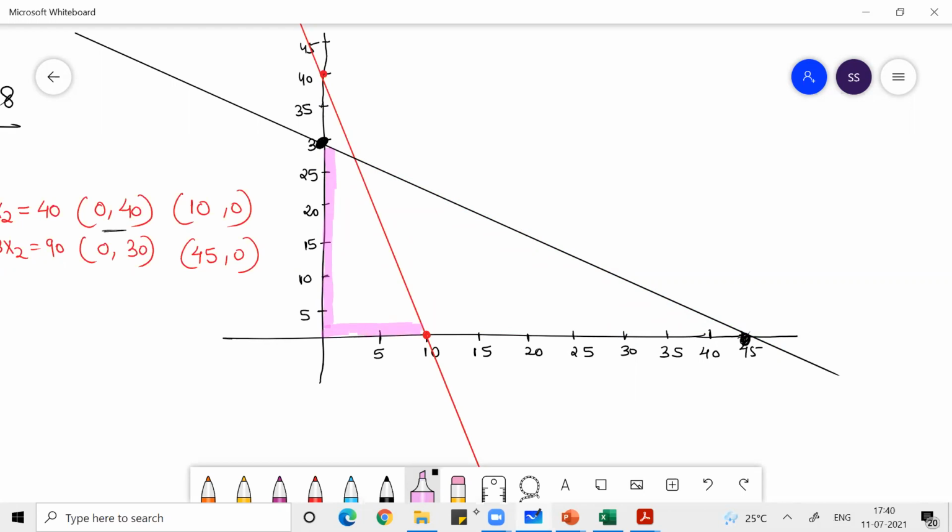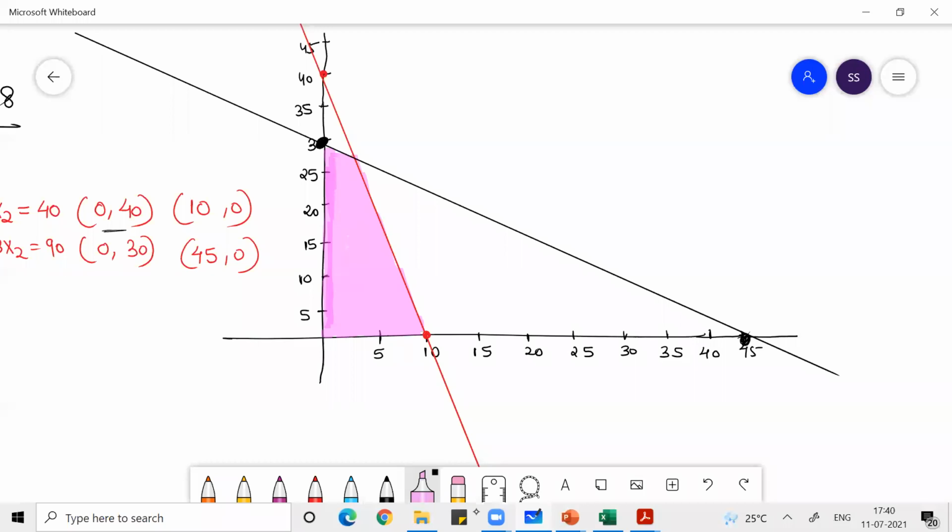So this is the region, guys, which is common between the two lines. Both have a less than or equal to sign.